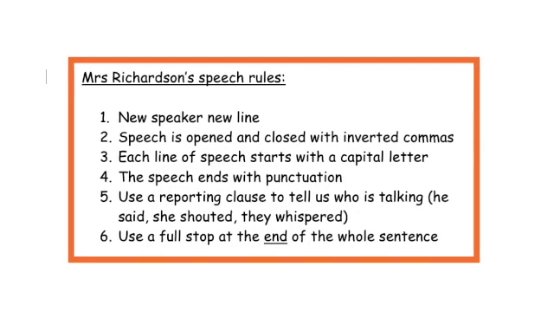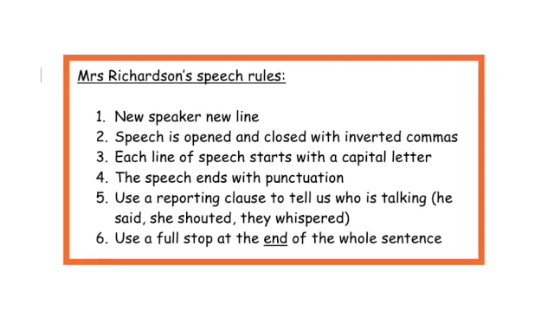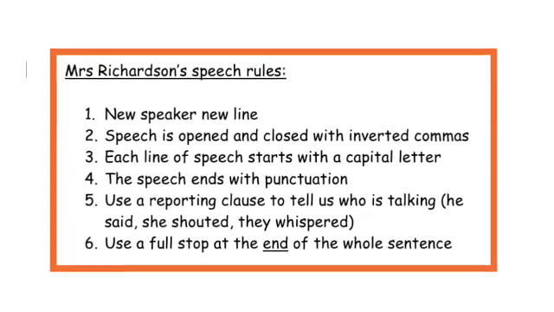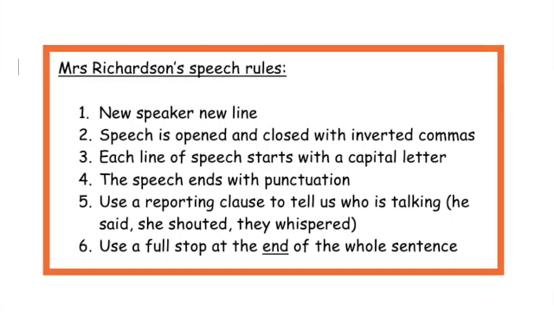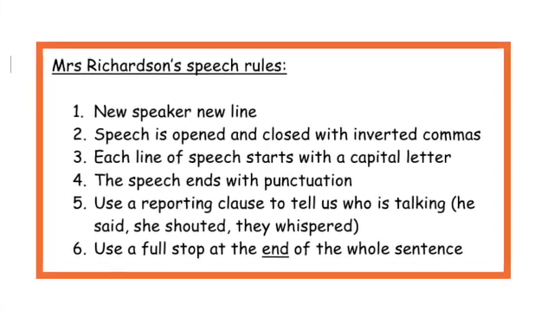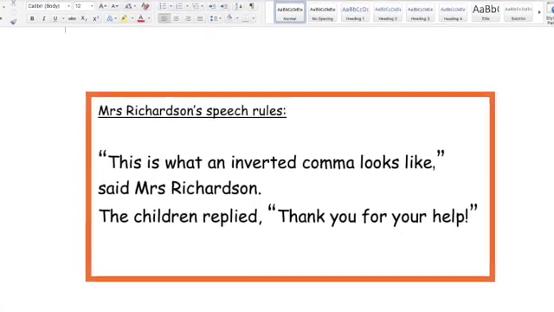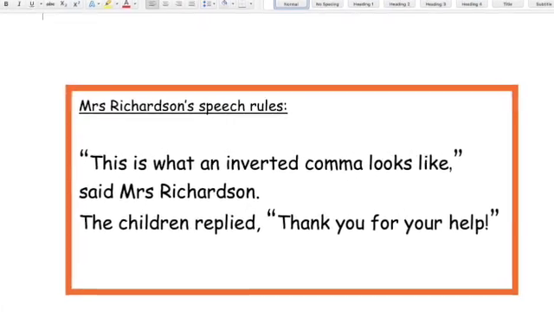So I thought of 6 rules that will really help us to make sure that we can write our direct speech accurately using the correct punctuation. Okay, so first off, one rule is new speaker, new line. So when a new person starts talking, you need to go on to the next line in your writing.